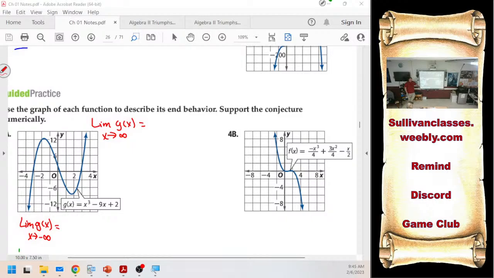Unless you remember enough about polynomials to prove to me why that doesn't happen. How do you know? Cubics have 3 zeros. If they got 3 zeros and I see all 3 of the zeros, then I know that this thing is never going to switch directions again. So as we head all the way back to negative infinity, my y's go to negative infinity. As we head all the way to positive infinity, my y's go to positive infinity.